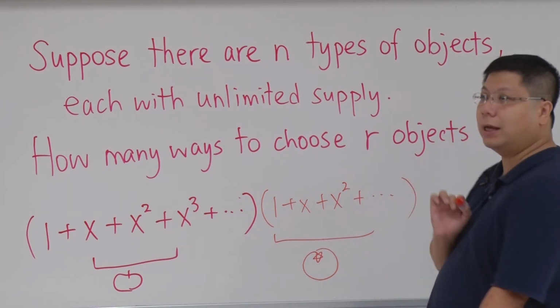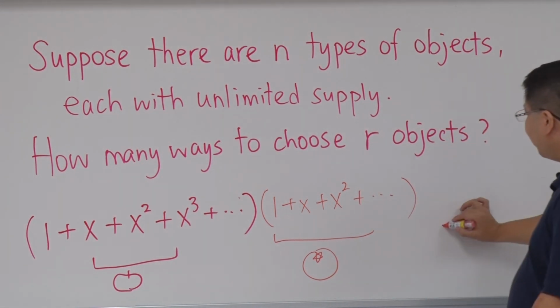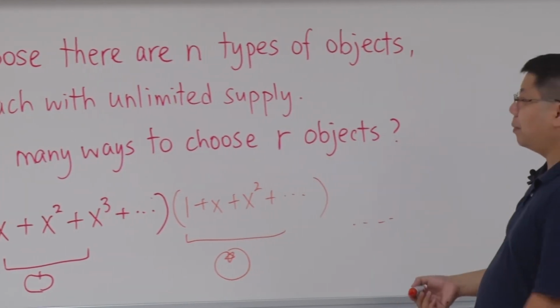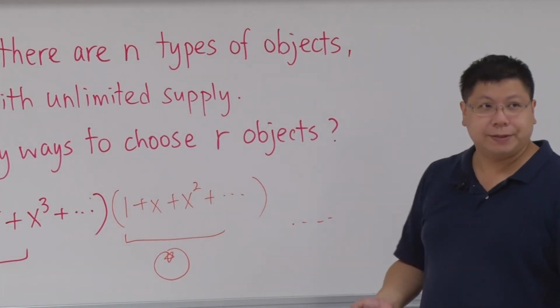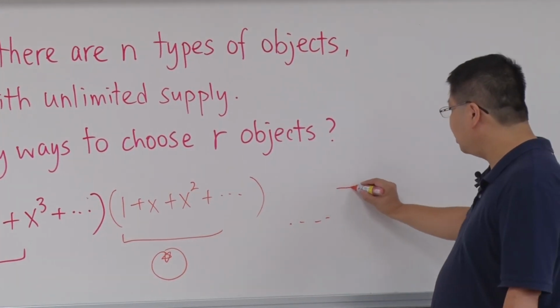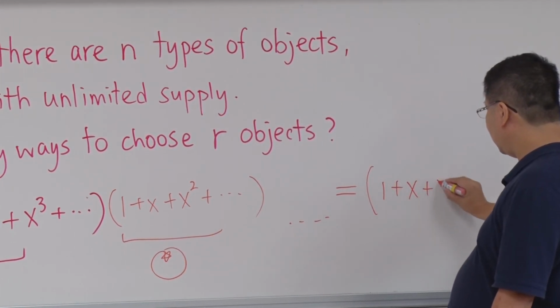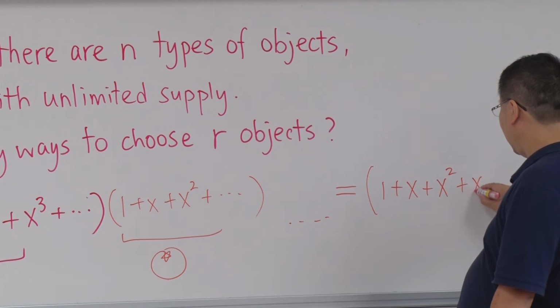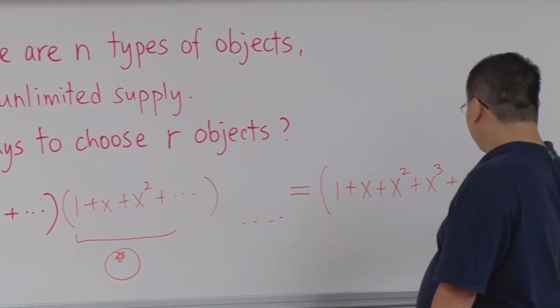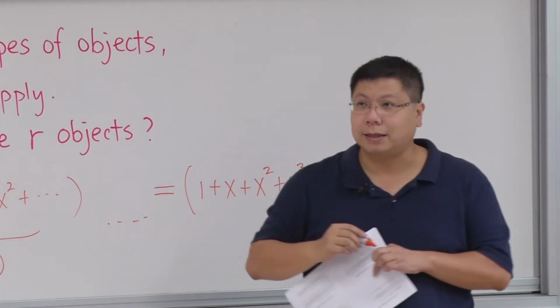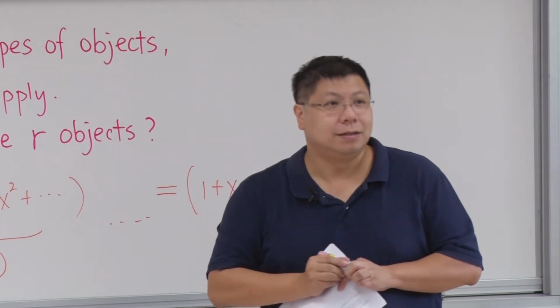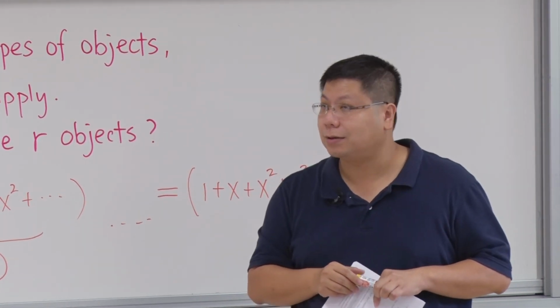And for this particular problem, the generating function of selecting objects is equal to (1 + x + x^2 + x^3 + ...) to the power n. Does that make sense? Okay, good.